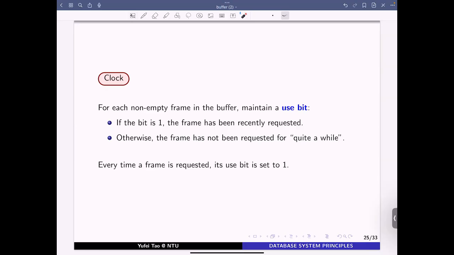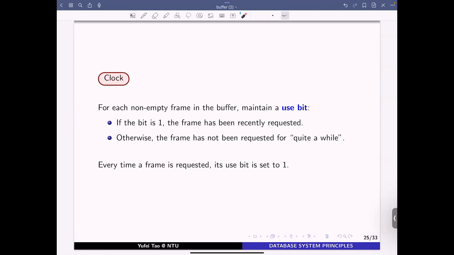Anyway, what's really important about this use bit is that if it's 1, it indicates that the frame has recently been requested. This recently is in some informal sense, not a very strict sense. It means sort of one round, one cycle. Think about the hand movement, it's really like a clock.